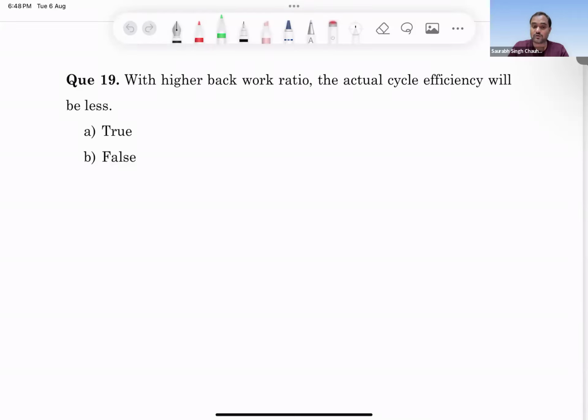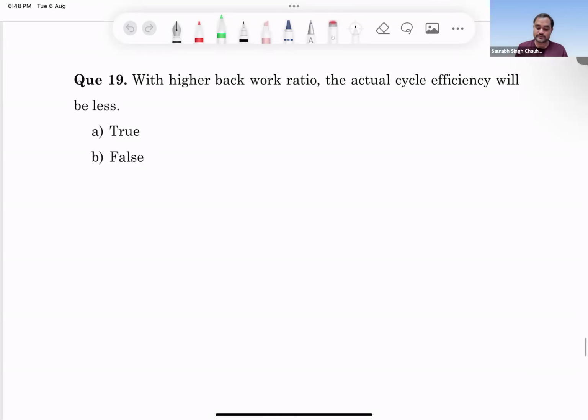Because net work output will be reduced. And if the back work ratio is smaller, then pump work input will be smaller and net work will be more, so efficiency will be higher. So in this question, higher back work ratio and actual efficiency will be less. So it is correct. True.